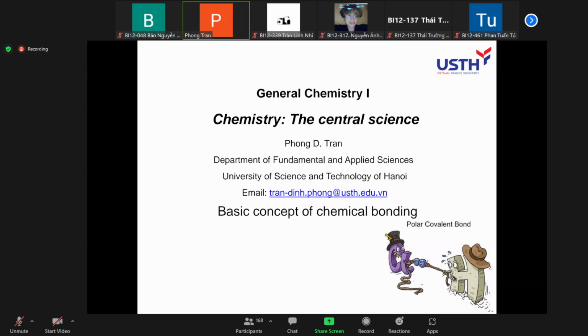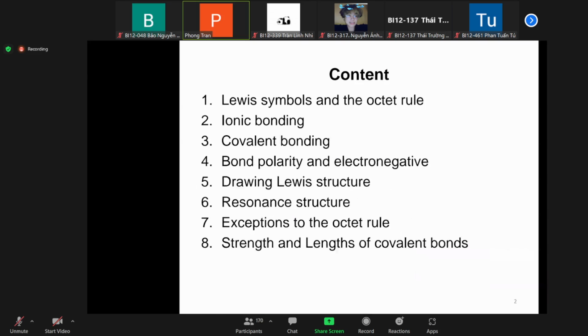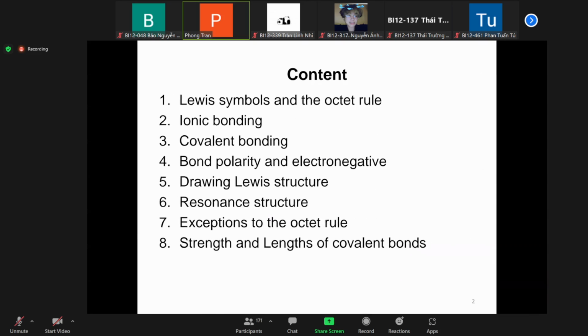Okay, so in this chapter, we discuss the basic concept of chemical bonding. Here is the main content of this lecture. We talk first about the Lewis symbol and the octet rule. We talk about ionic bonding, covalent bonding, and the polarity of the bonding with the electronegativity of atoms.